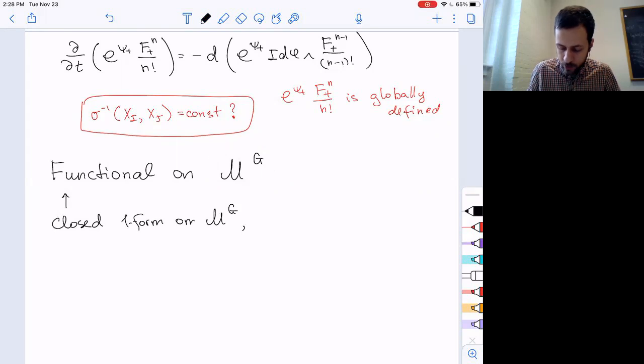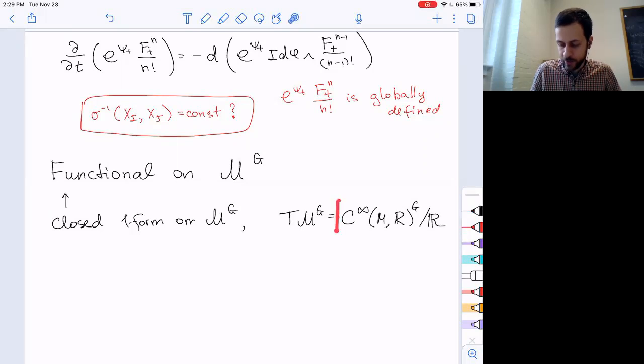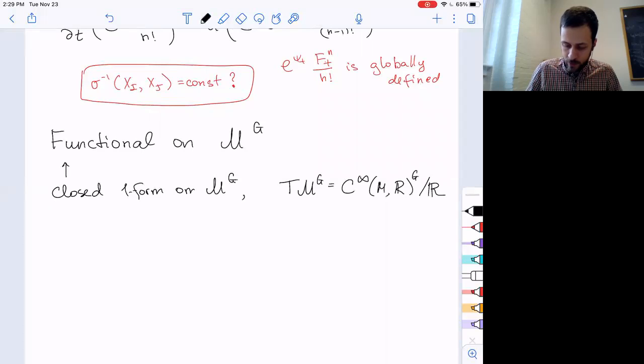To this end, I recall that the tangent space to the generalized scalar class is the space of invariant smooth functions. So we need to define a linear functional on this space. I want to follow the notation from the paper, so we'll call it nu, and to highlight that it depends on the choice of vector fields, I put subscripts xi and xj.